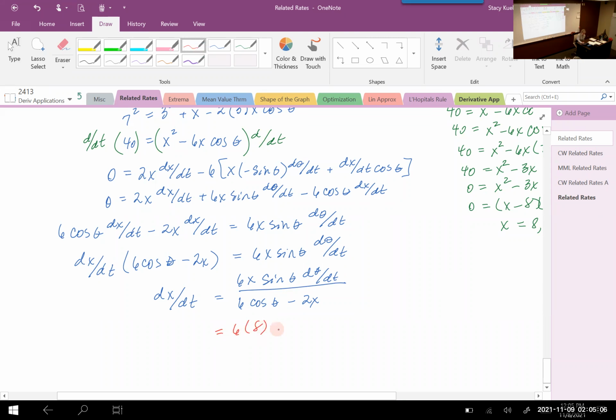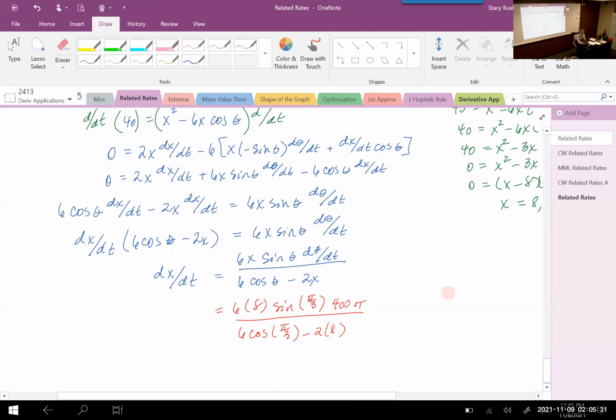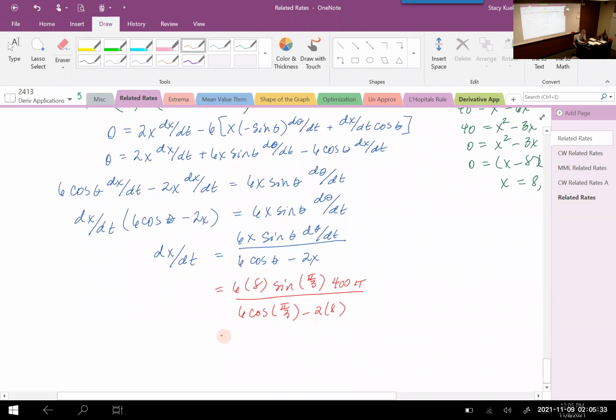So 6 times 8 times the sine of pi over 3 times 400 pi radians per minute, divided by 6 cosine pi over 3 minus 2 times 8.